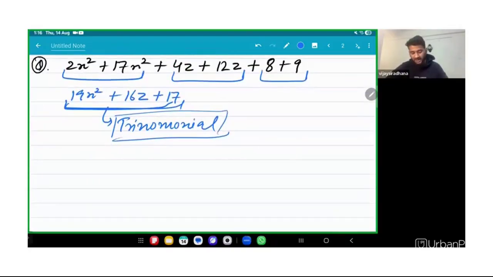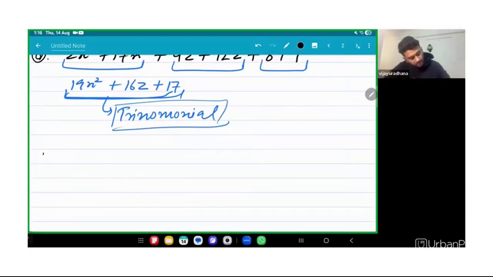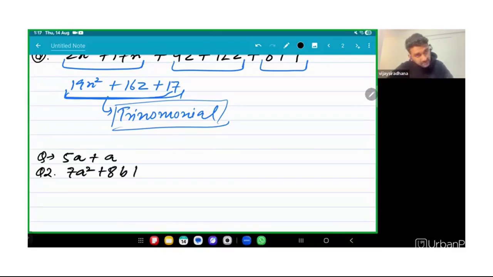So from my side, you can solve these questions and you can get back to me on my Urban Pro profile. The questions are: 5a plus a. Question number 2, 7a square plus 8b plus 9c.